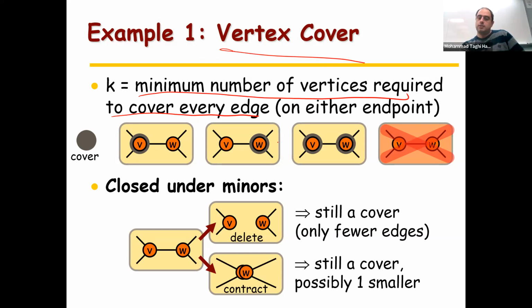This is a cover, this is a cover, this is a cover, but this is not a cover because no one covers it. So this vertex cover parameter K has these properties. It is closed under minors. Why? Because if you delete an edge, you don't need to add any more vertices to the vertex cover to satisfy it, because it's already satisfied. You just make things easier. It is not always the case, as we will talk later about dominating set.